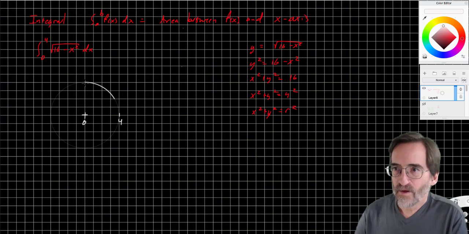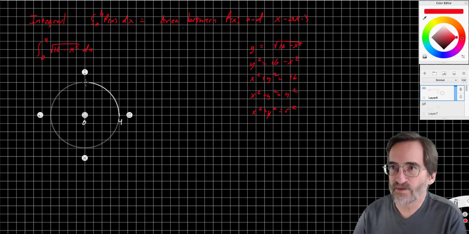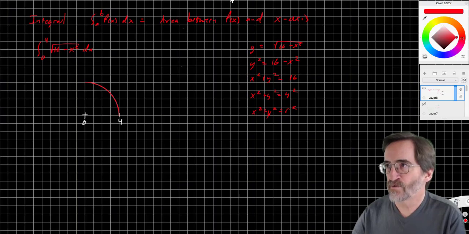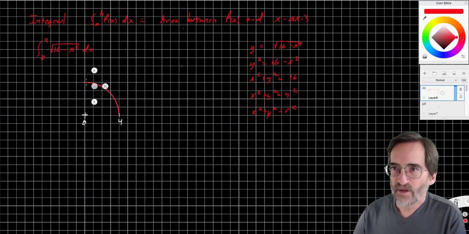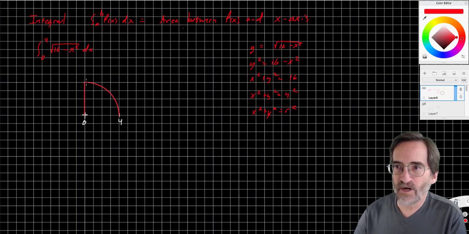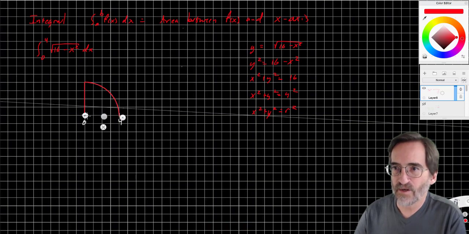Okay, and the solution that I'm proposing here is that we use what we know about the shape. The shape is a quarter circle, 1/4 of a circle, and the area of a whole circle is pi r squared. So the area of a quarter circle is 1/4 pi r squared.